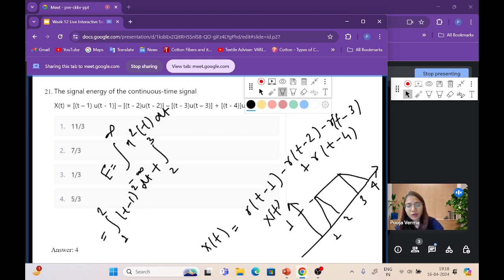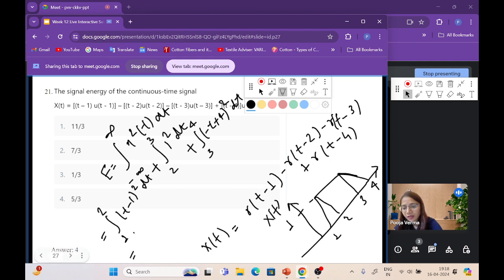It is constant, that is 1. So 1 square dt. Now plus 3 to 4. What is the value? That is declining, so minus (t minus 4) square dt, right?